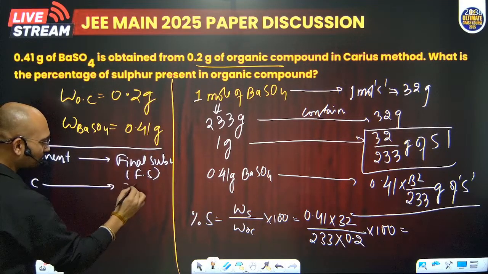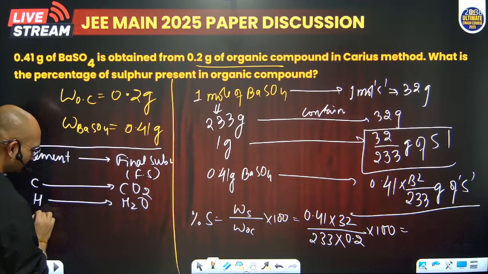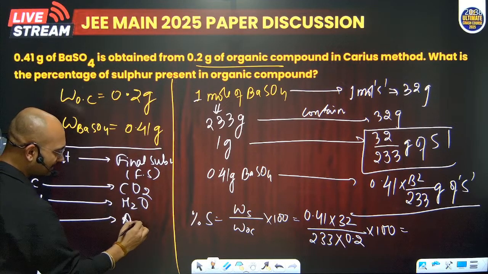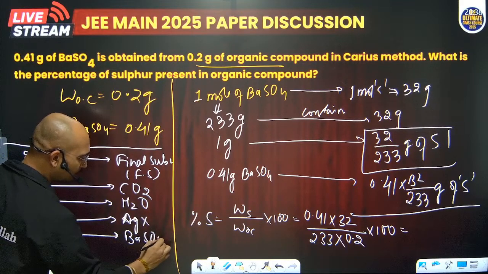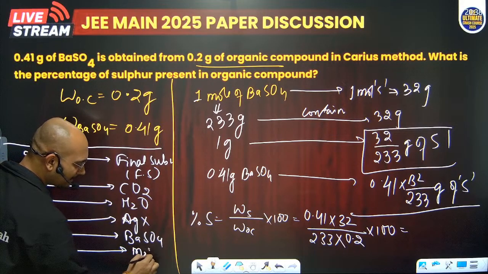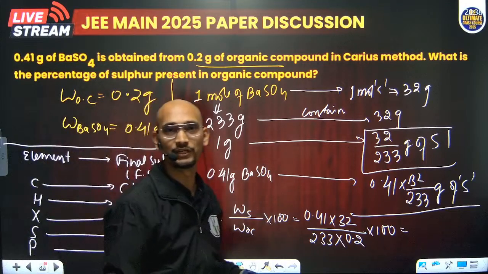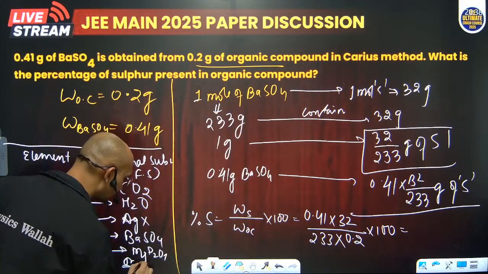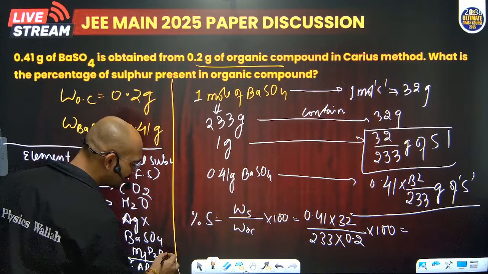Carbon converts into CO2, hydrogen converts into H2O, halogens convert into AgX, sulfur converts into BaSO4, barium sulfate, while phosphorus converts into either magnesium pyrophosphate or ammonium phosphomolybdate, APM.